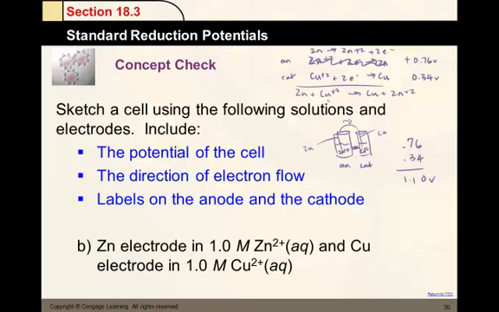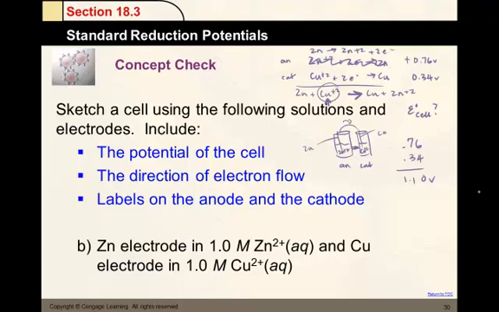What if I increase the concentration of this? Think of Le Chatelier's principle. What if this increases? Which way will the reaction shift to adjust? Hopefully you're all screaming at the screen and saying, oh, it's going to shift to the right. And it does. So what will happen to E0 cell? If the reaction's going more to the right, we're producing more voltage.